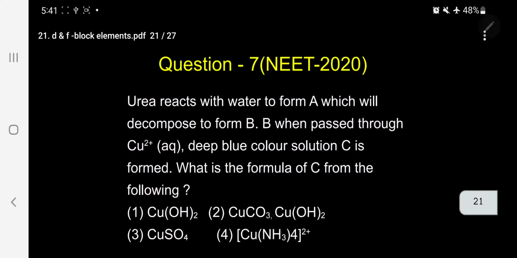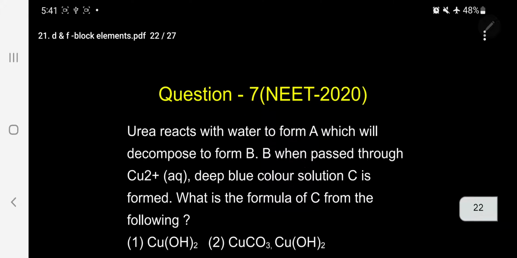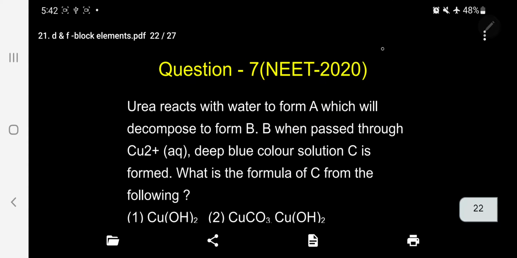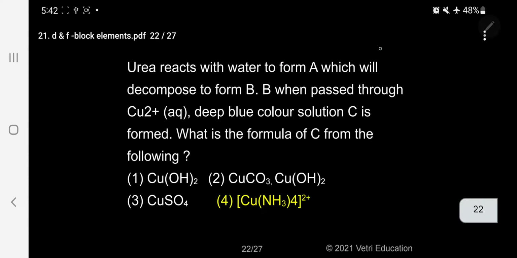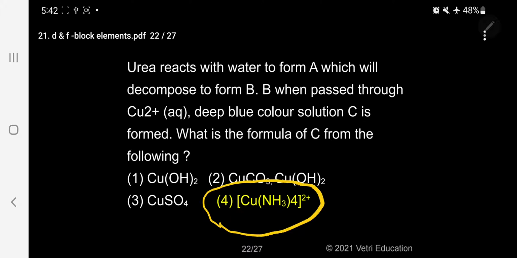Now, kindly follow. The correct answer is 4. Because urea reacts with water to form A, which will decompose to form B, and B is passed through copper 2 plus. So what will happen now?